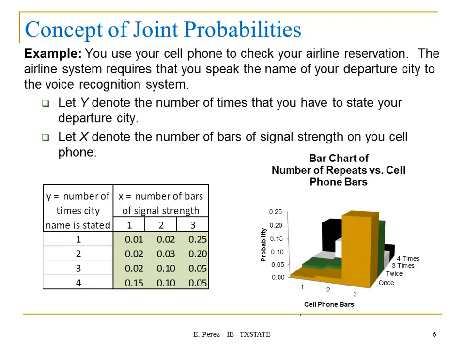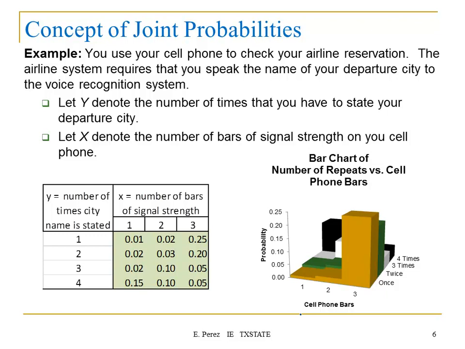Another example, let's say you use your cell phone to check your airline reservation. The airline system requires that you speak the name of your departure city to the voice recognition system. And I hate this type of system, in which you have to basically tell the machine what you want to do. I prefer the system in which you can dial or something like that.